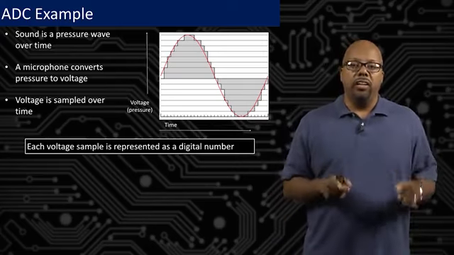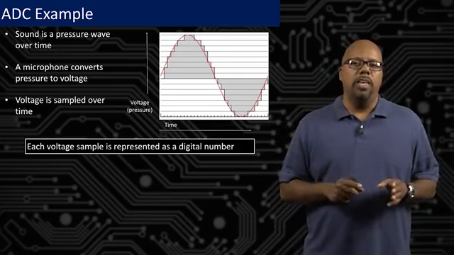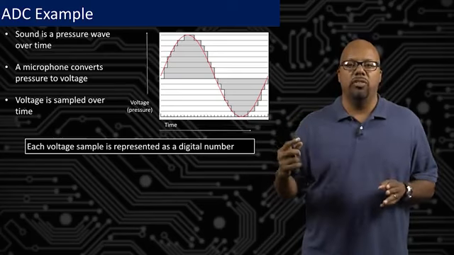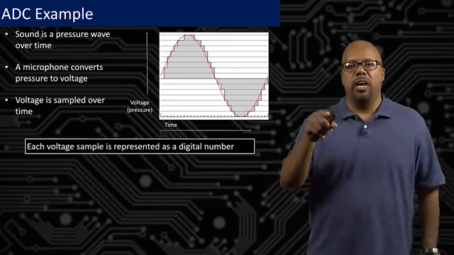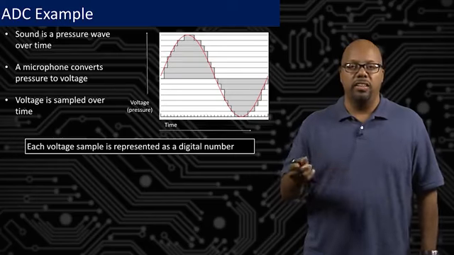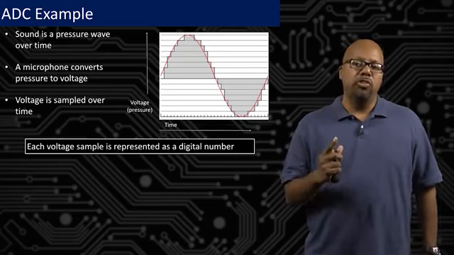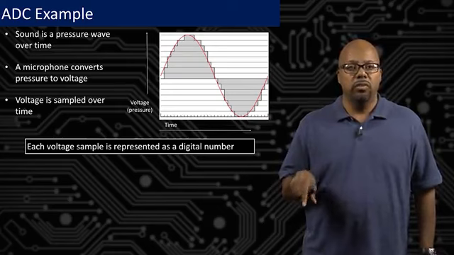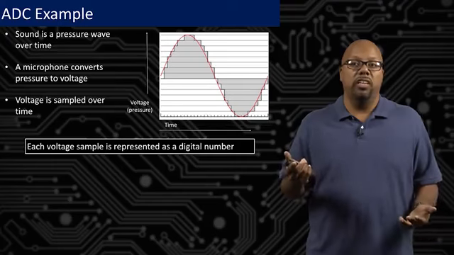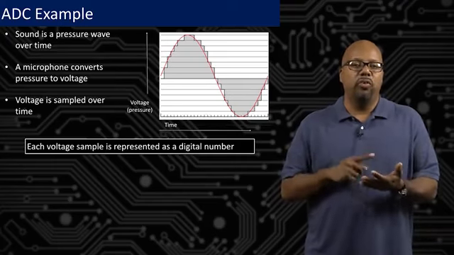Now, the analog to digital converter will take that waveform and represent it piece by piece as a set of digital numbers. If you look at that red waveform, it's smooth, it's real numbers, it's an analog waveform. Superimposed on that, you see a stair-stepping signal that always has discrete values.